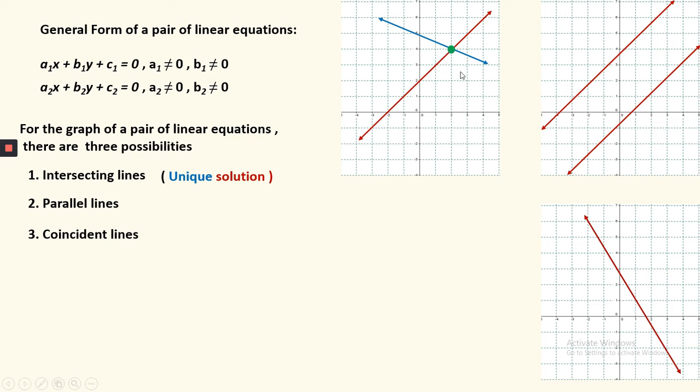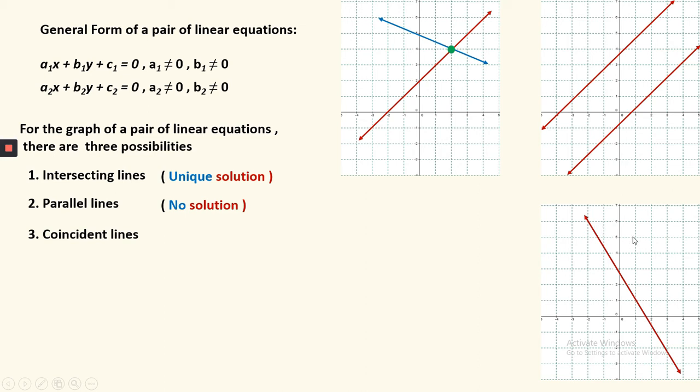Unique solution means one and only one solution. Here, no point of the first line is a point of the other. That is, these two lines do not have any point in common. So there is no value which satisfies both the equations. So such a pair of equations will have no solution.